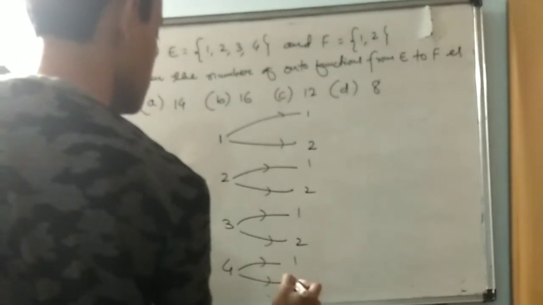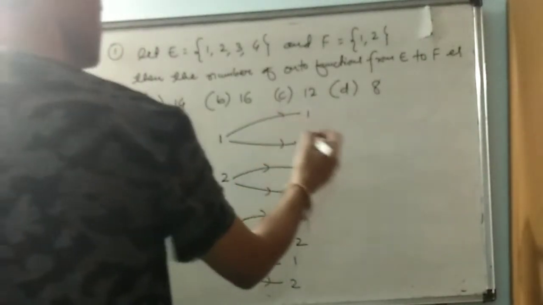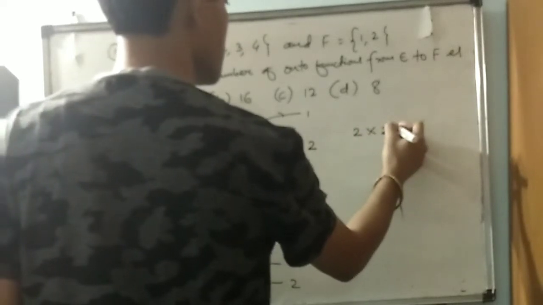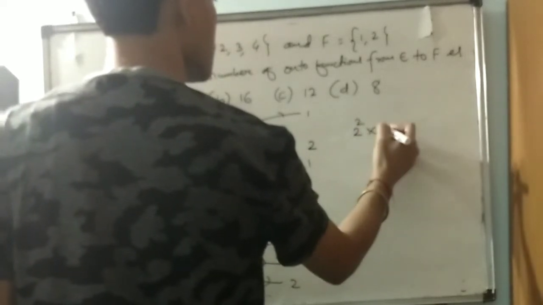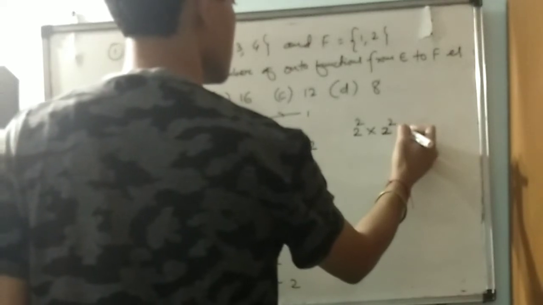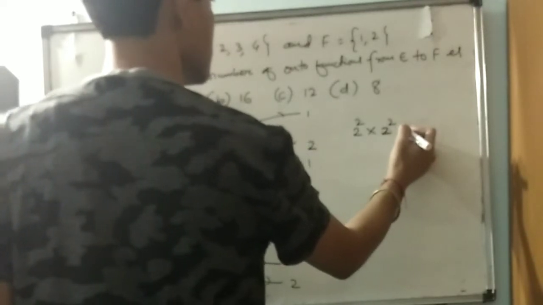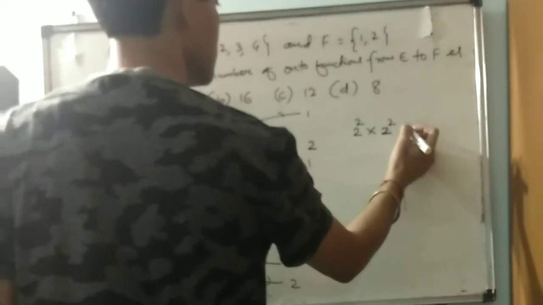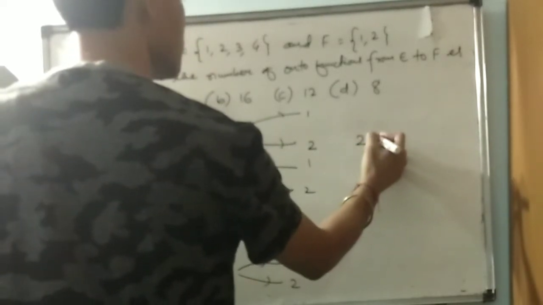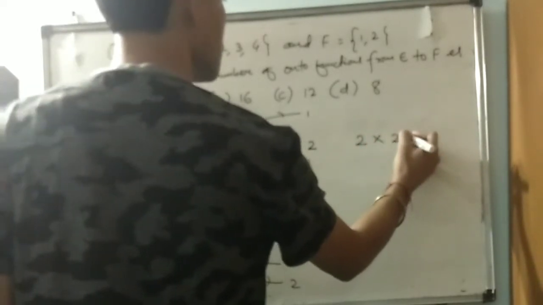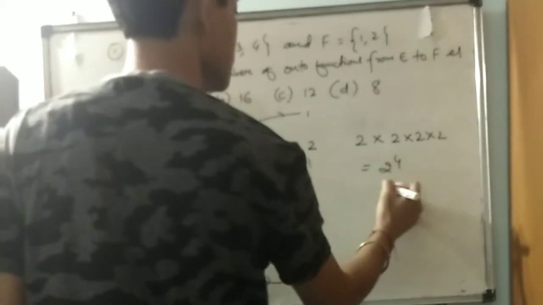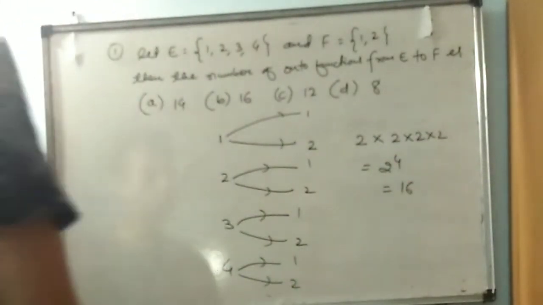So each is having 2 possible connectivity, and they are associated, therefore 2 into 2 into 2 into 2, that is giving you 2 raised to 4. So there are 16 ways.